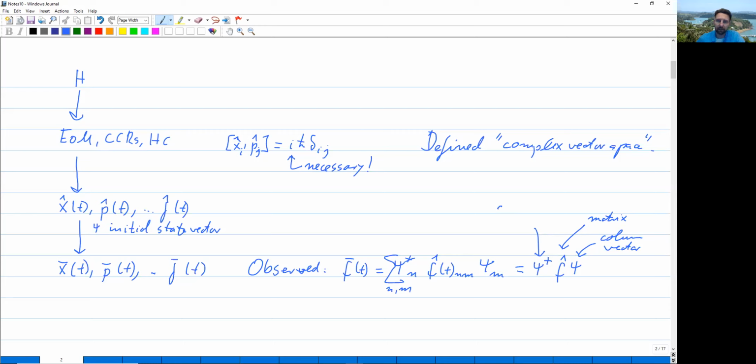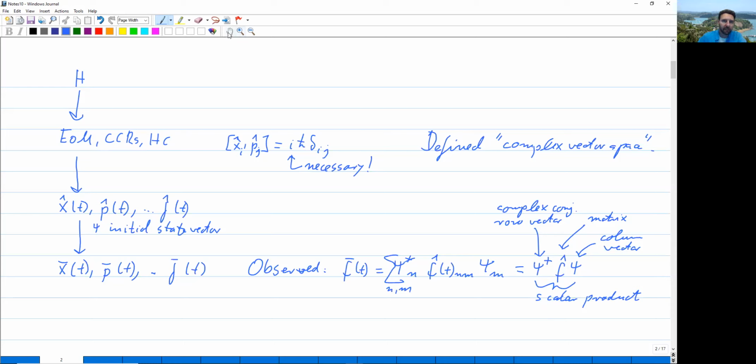So this is a complex conjugated row vector here. And the whole thing is a scalar product. Right? We remember all of this from linear algebra. Scalar products being important because scalars are basis independent. We could calculate this expression in any basis, and the scalar product is the same numerical value.